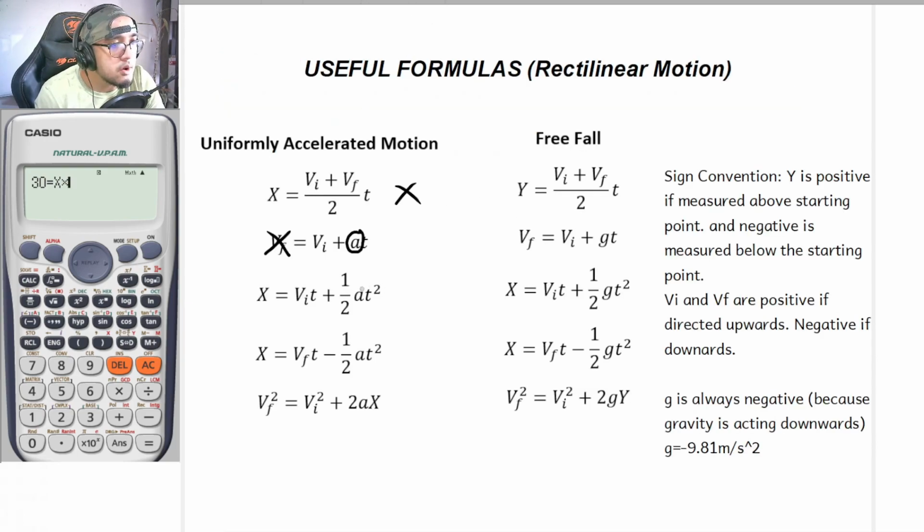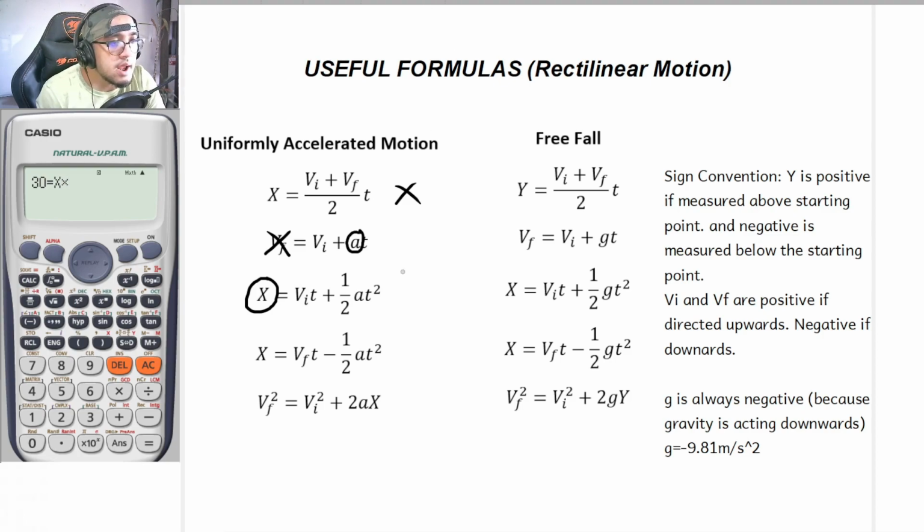Okay, but what about this particular equation here? We already have the value of x. We already have the value of the initial velocity as given in the problem. We also have the value of time. And the one unknown is the acceleration. So, one equation, one unknown.